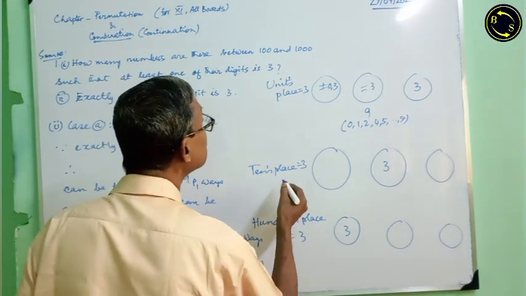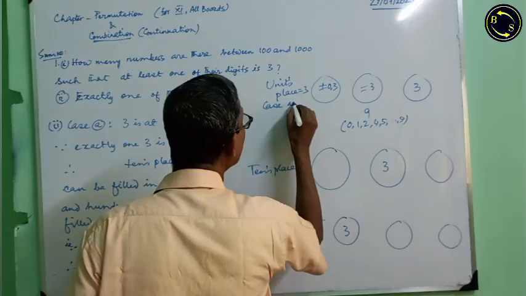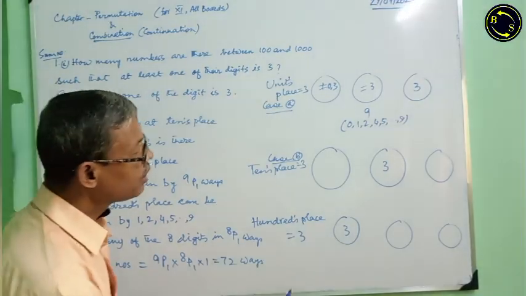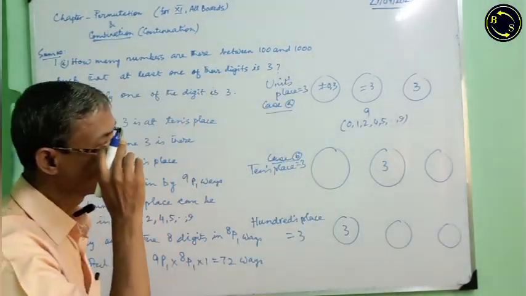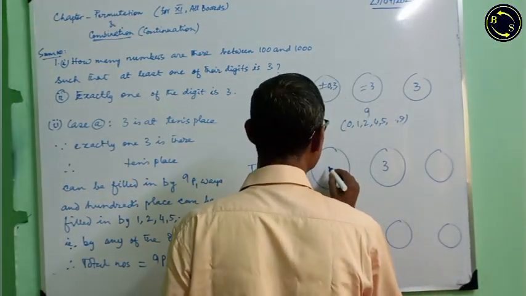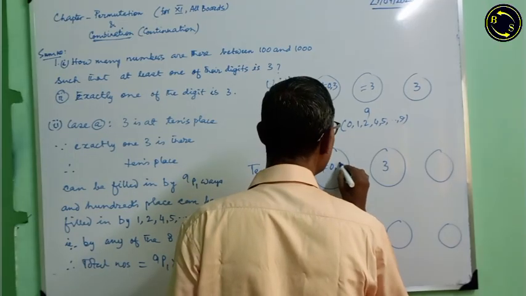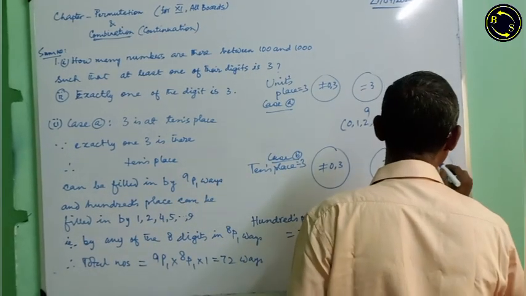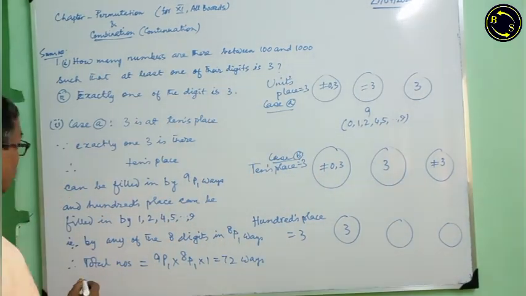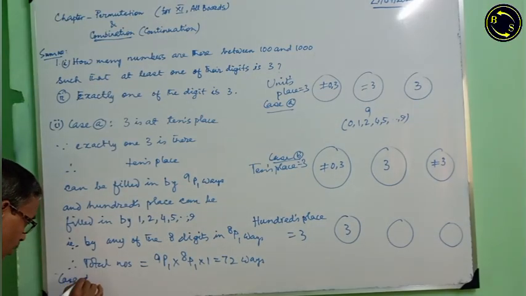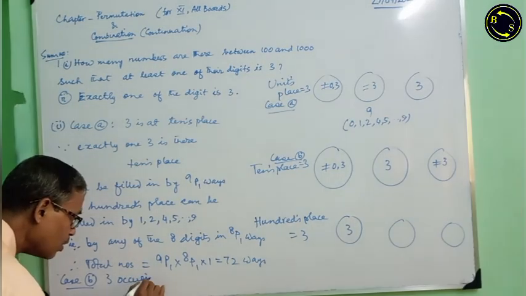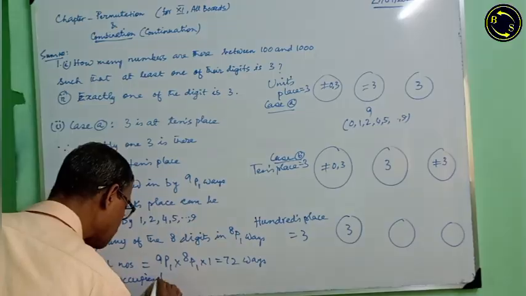Now this is case A, and next case B. Here 3 occupies the tens place.